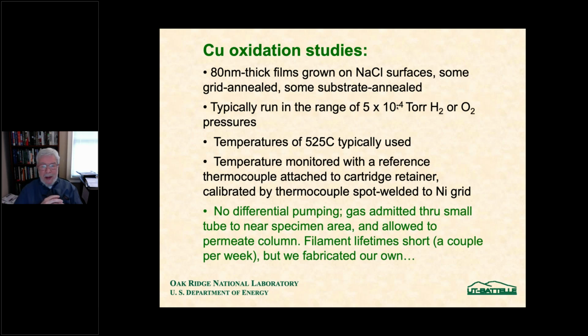The entire column was probably in the 5 by 10 to the minus 6 torr range at so-called high vacuum. Then we increased it 2 orders of magnitude, but still not very high pressure, because you'd burn out a filament if you had oxygen. And we did burn out filaments, a couple per week, but we fabricated our own and it was quick to change the filament in that microscope.